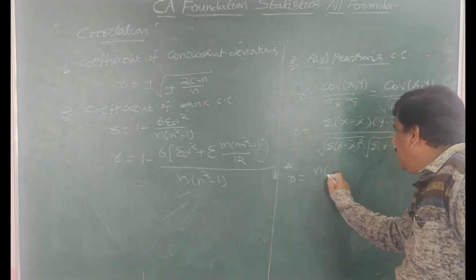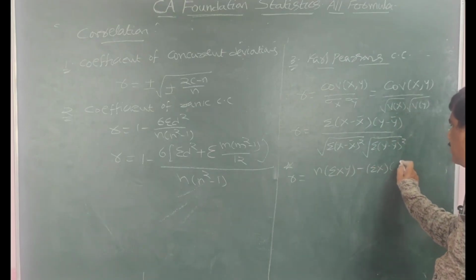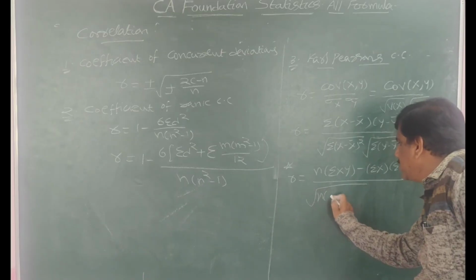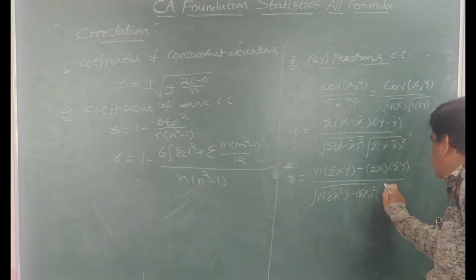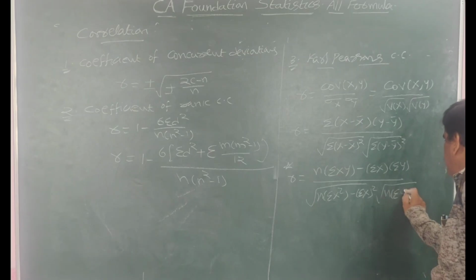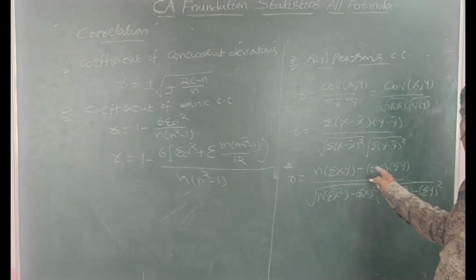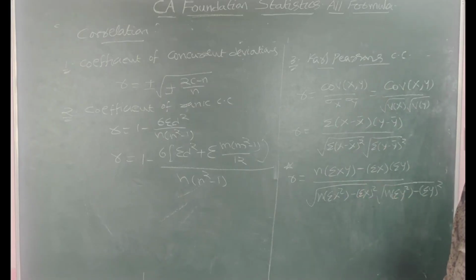The formula is n into summation xy minus summation x into summation y, divided by the square root of n into summation x square minus summation x whole square, and the square root of n into summation y square minus summation y whole square. This is known as the no deviations method formula for the correlation coefficient. These are the Karl-Pearson correlation coefficient formulas.